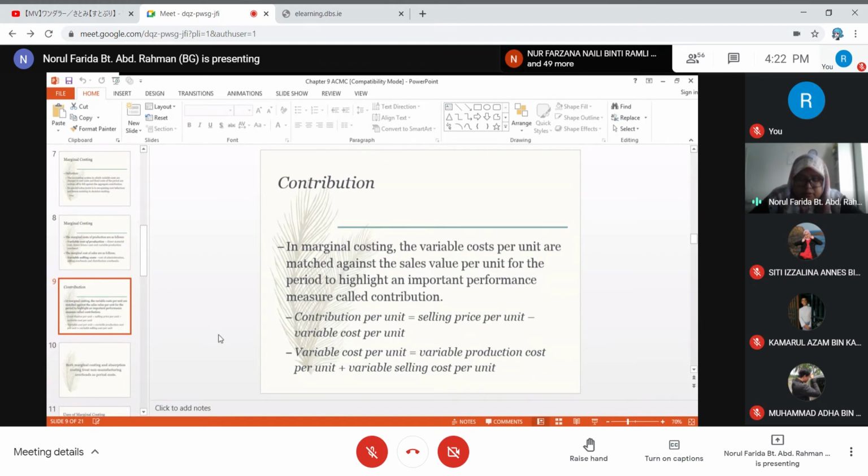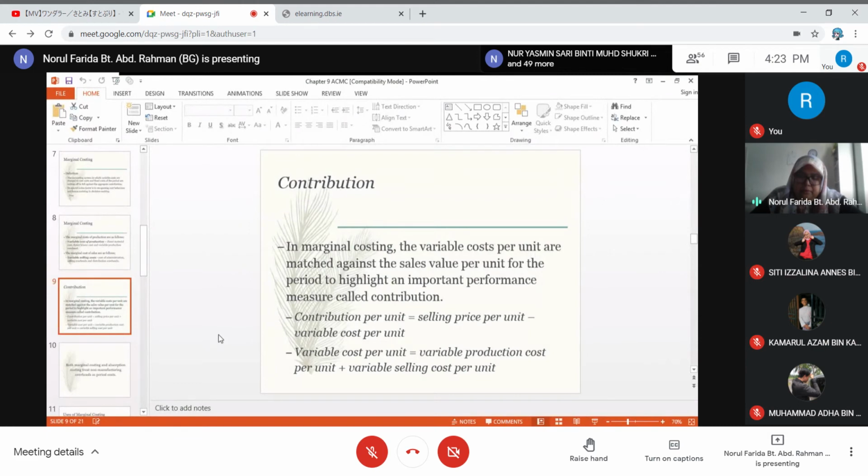Kenapa dia panggil contribution? Because it literally does contribute towards fixed cost and profit. Okay, secara literally-nya dia adalah yang contribute towards fixed cost and profits. So once the contribution has been calculated for the period, fixed costs are deducted to determine the profit for the period.